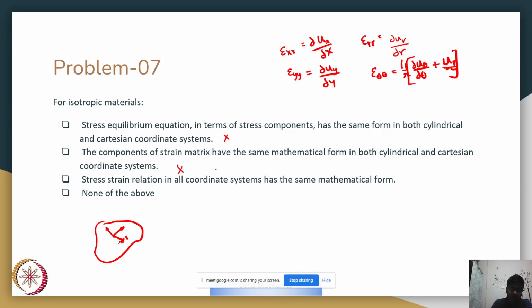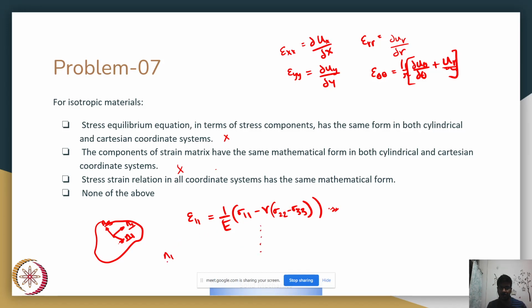So long as suppose you choose a basis n1, n2, n3 which forms a right-handed basis, then you can write epsilon 1 is 1 by E times (sigma 1 minus mu (sigma 2 minus sigma 3)) and like this are the laws we'll get.